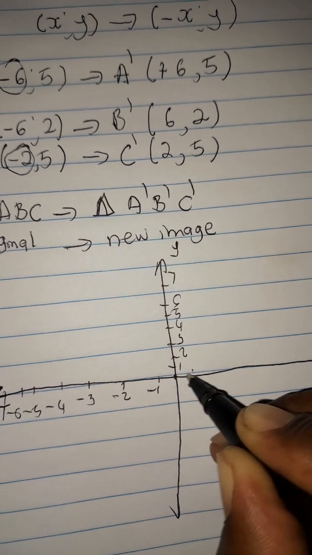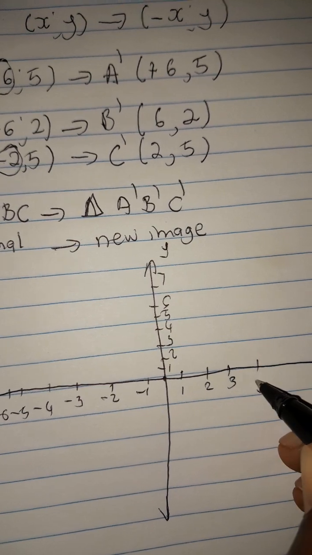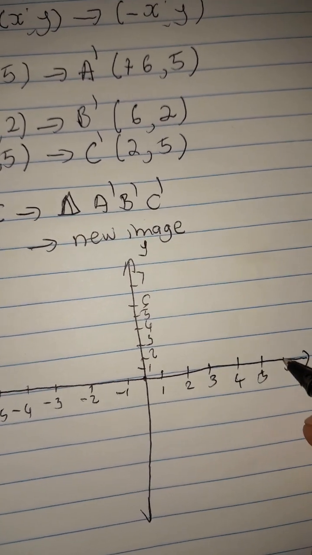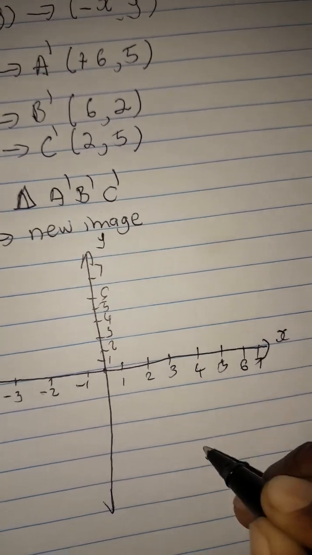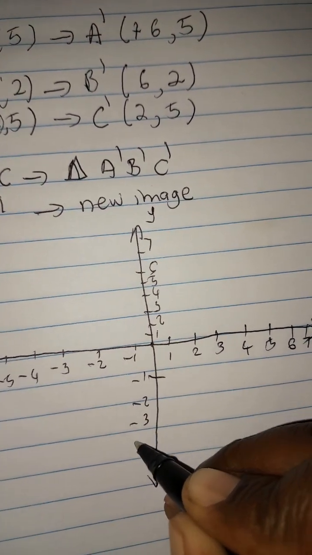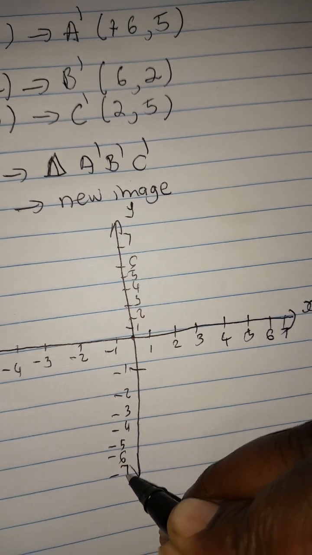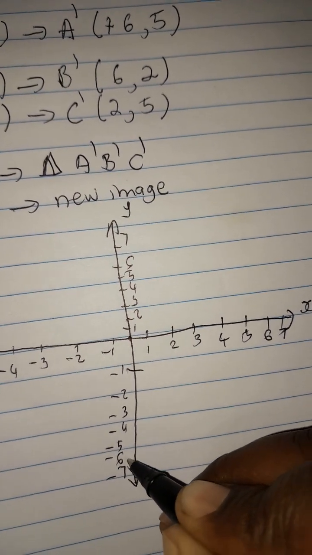It's better that you use a ruler, guys. Don't be like Richard. Then -1, -2, -3, -4, -5, -6, -7 on the y-axis.